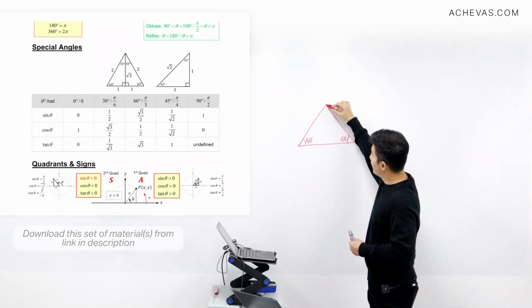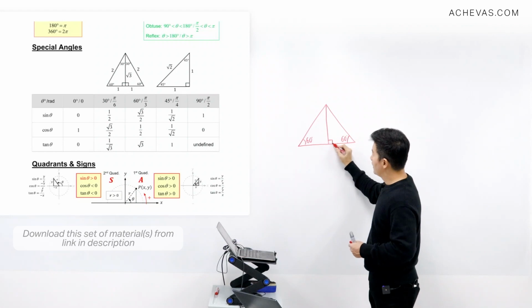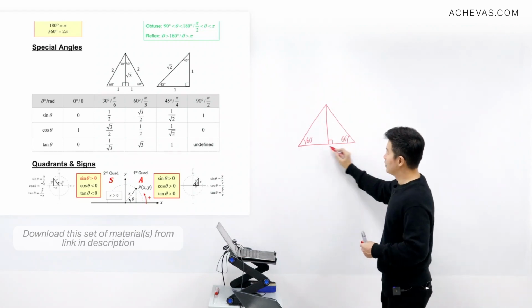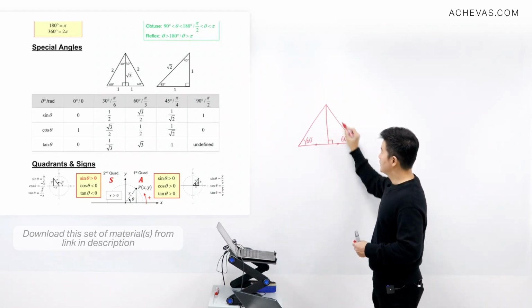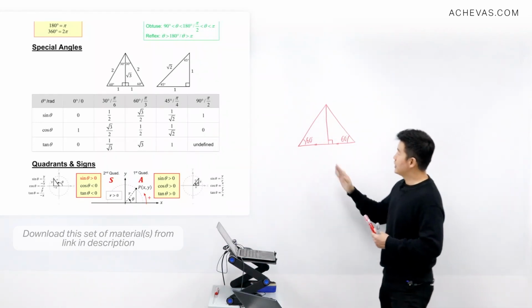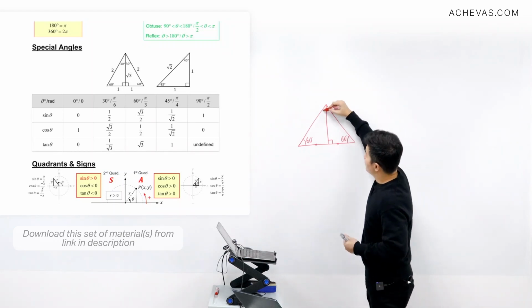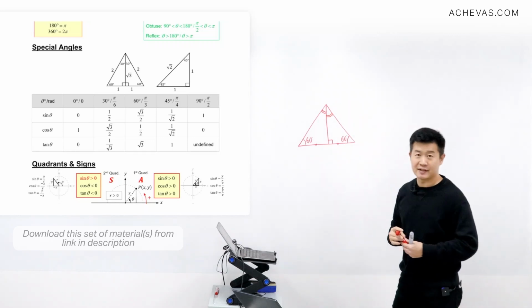But from one of the vertices of the equilateral triangle, I am going to draw a perpendicular bisector to the base. And because this is an isosceles triangle also, drawing a perpendicular bisector to the base, from the vertex, will also cause this angle to be bisected. So this angle is going to be the same as this angle.